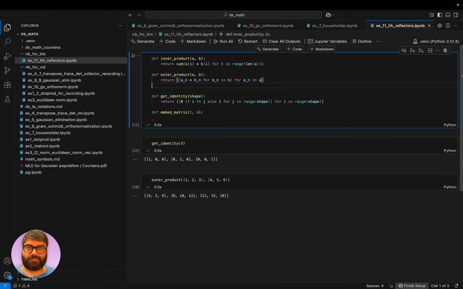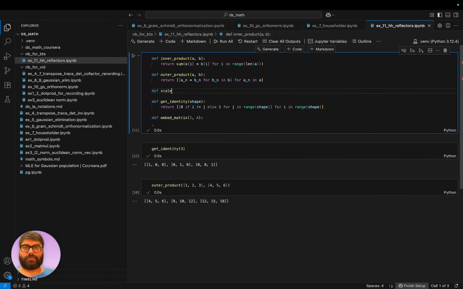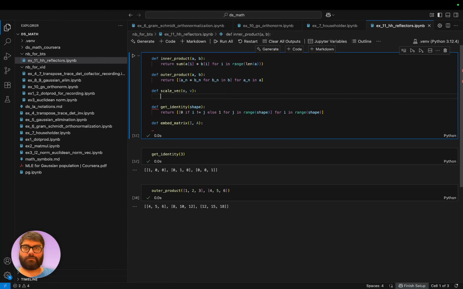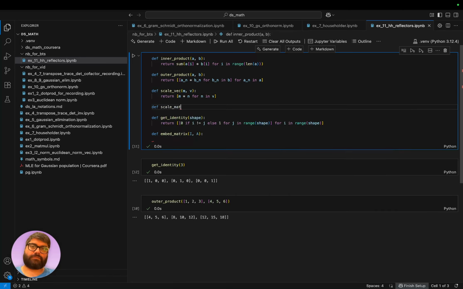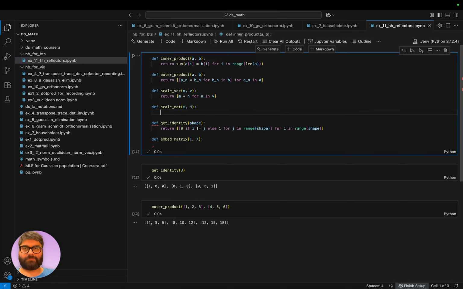You know, let's just do an easier one first and scale vectors: m comma v, return m times n for n in v. That's easy. We also got to scale matrices, something I forgot when I was doing this by myself, and I got hit with a bug, and I was like, what is going on? M comma big M to signify a matrix.